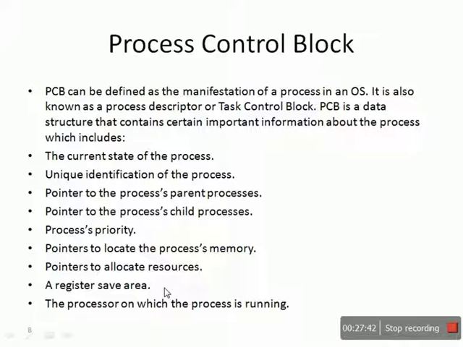A register save area, where the CPU's register values will be saved when this process is suspended, or will be used to resume the process when it gets its turn to execute next time. The processor on which the process is running. If the process has been executed in a multi-processing environment, then the information about the processor on which it was running is also saved in the process control block.